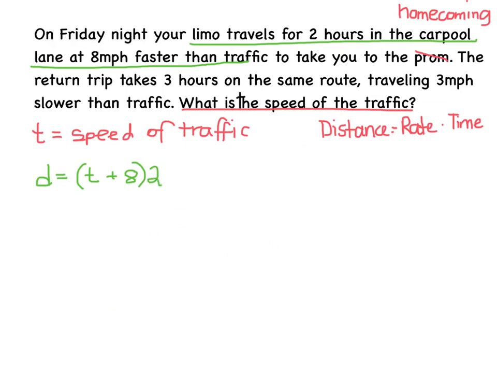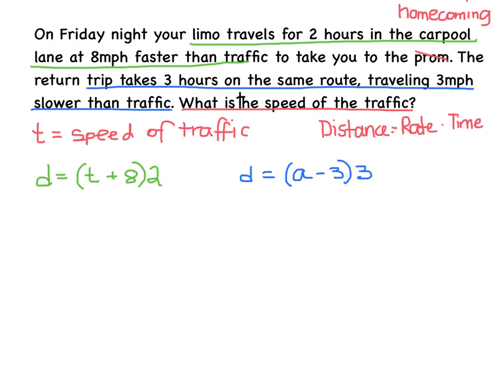Here's the other guy. The return trip takes 3 hours on the same route, traveling 3 miles per hour slower than traffic. So D is traffic minus 3, and it takes me 3 hours. Now what can you tell me about this distance and this distance? The distances are equal, aren't they?